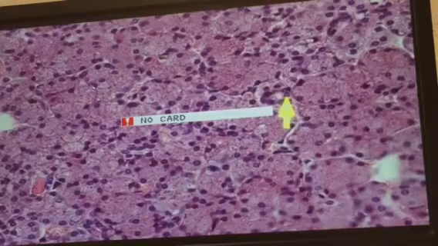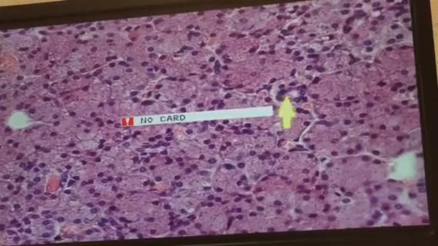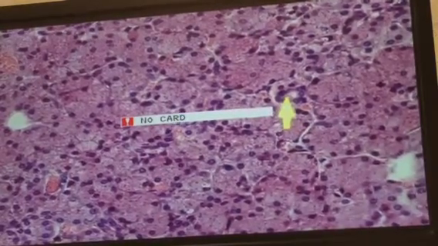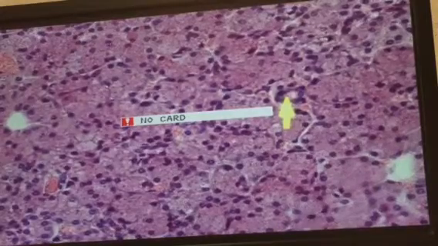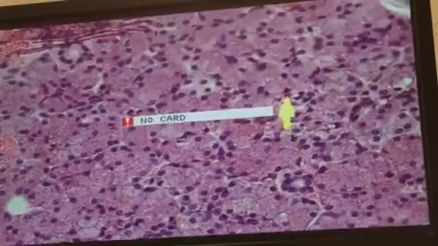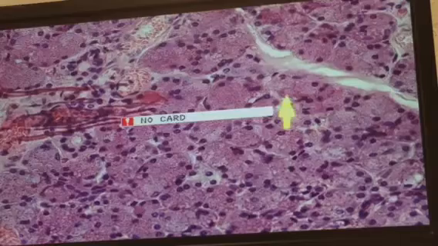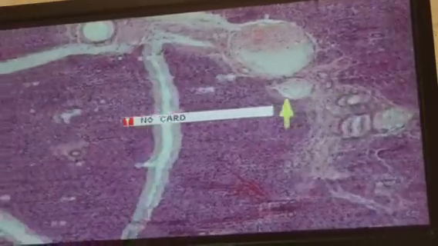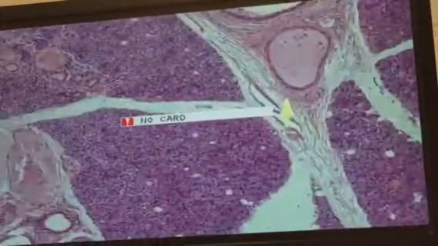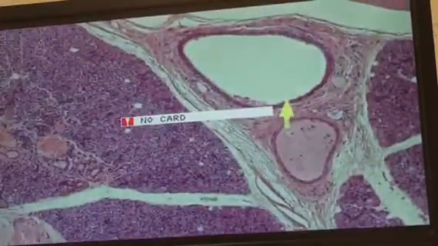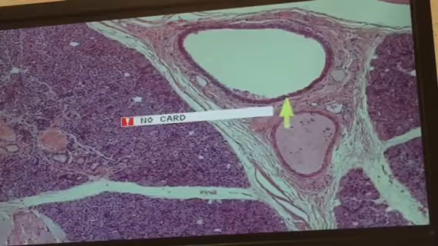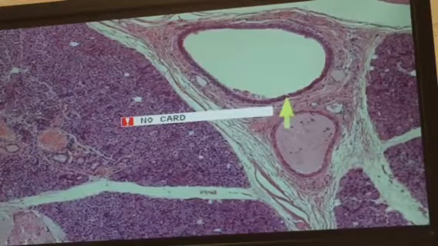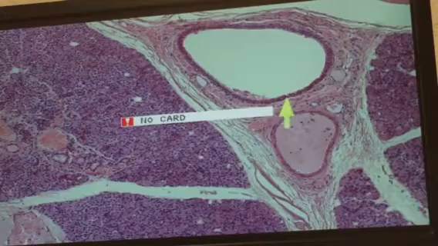Sometimes you'll actually see terminal bars towards the apical ends of the cells, right at the junctions between adjacent cells. Okay, and some more intralobular ducts. And here is an interlobular duct, and this time it does have a definite stratified columnar epithelium.